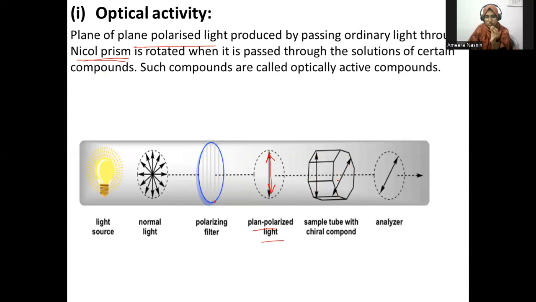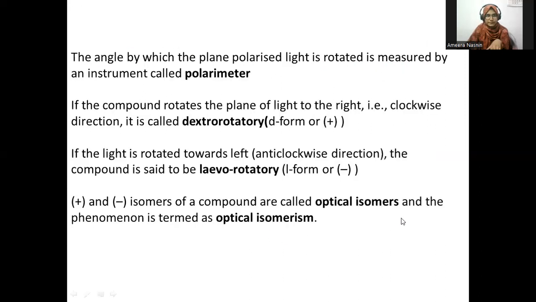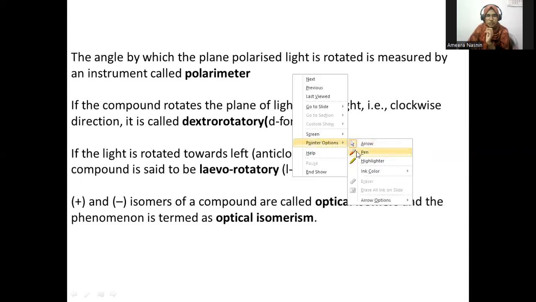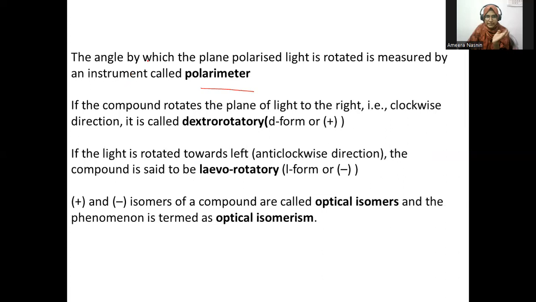Okay, the compounds which can rotate this plane to a certain degree are called optically active compounds, and this ability to rotate the plane of plane polarized light is called optical activity. The angle by which the plane polarized light is rotated is measured by an instrument called polarimeter.